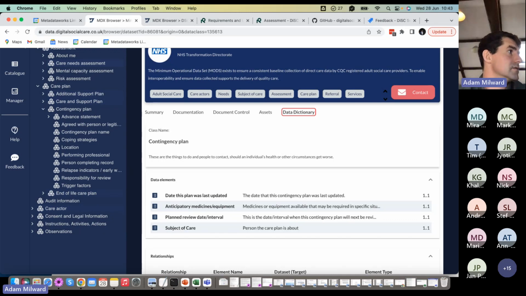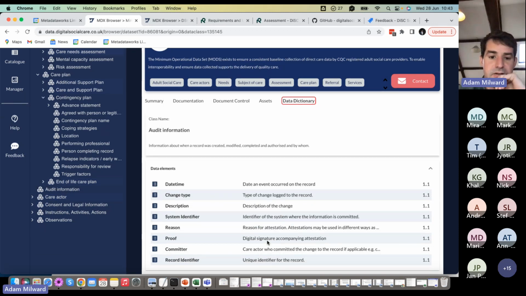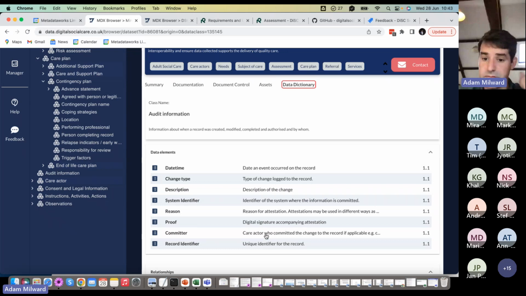Coding standard and namespace, I think, are the same. Linked to person completing the record, linked to performing professional. Again, I think those should be links. In terms of person completing the record, I think this is a general comment for the whole model: we've got a model for auditing all of this information, and part of that audit is that every time anything is completed, updated or modified, you need to link to the care actor who made that change and the type of change it was.